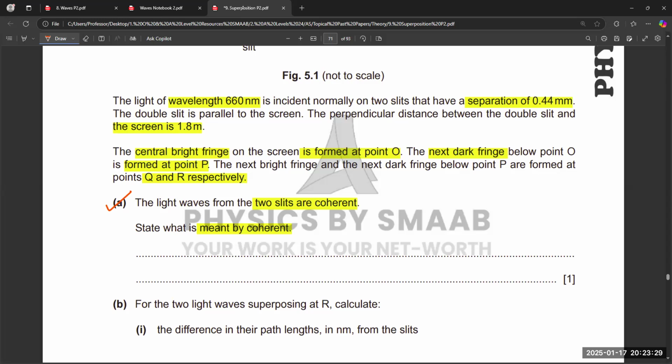So in short, we use the term coherent. Coherent means constant phase difference between two waves.